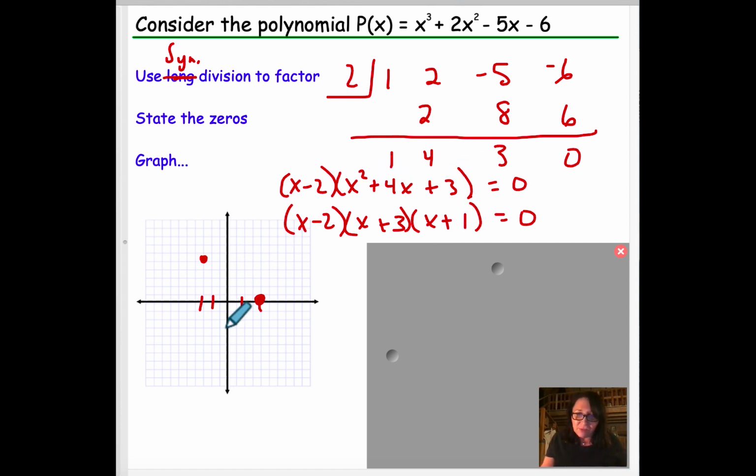If I were to graph this right here, I have 3 places where it crosses the x-axis. And because it's a cubic, because it's an odd exponent, it's going to go up right and down left, like y equals x cubed. What does that look like? It looks like this with your right arm up, and this is my left arm down.